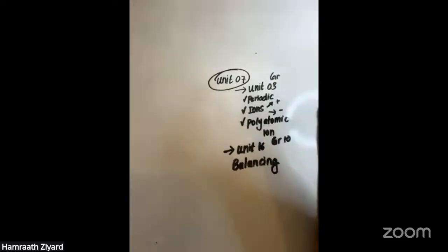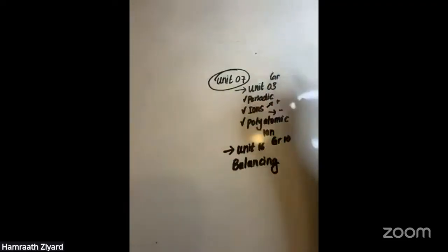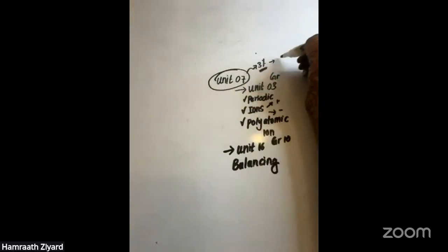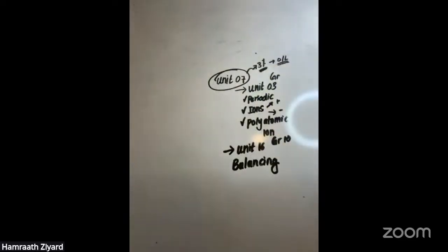So this lesson is about acids, bases, and salts. I would say only 3% of this lesson will be very important for your O levels. Other than that, for the structured essay type questions, you don't need to know much about this lesson.